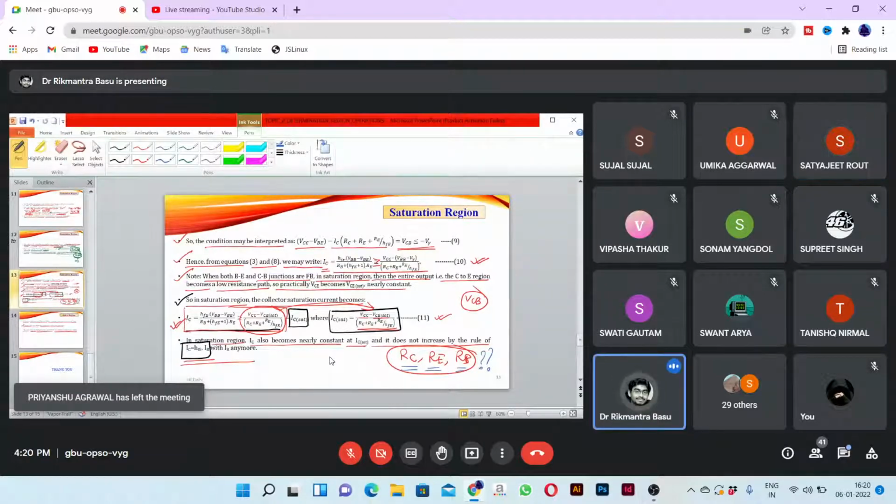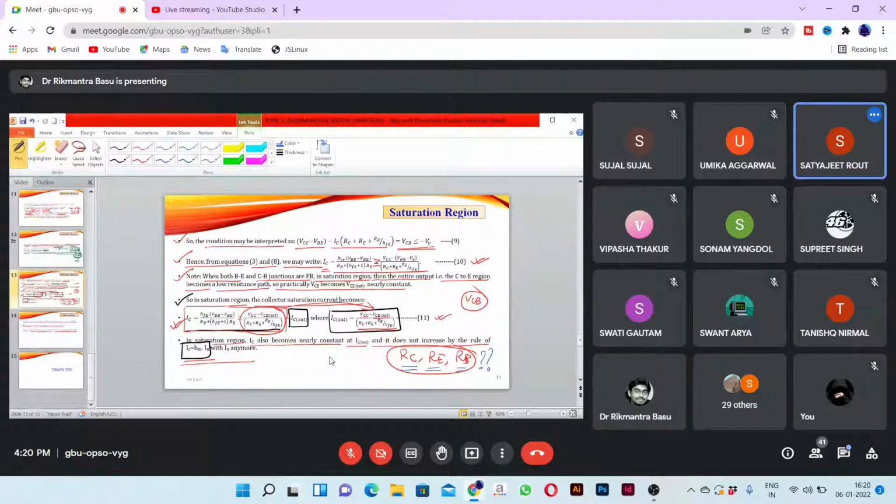Relating RB and RC is not that fruitful rather than RC and RE. That is one hint. Now you have to think of what RC and RE you will choose, which higher, which lower, whichever gives you a preferable value. Think about it. We will get enough knowledge when we come to the actual problem solving in the next class.